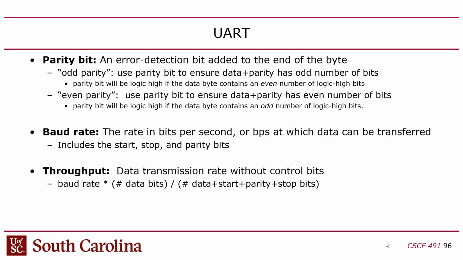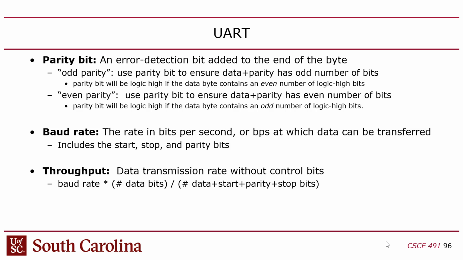And then there's the baud rate, which is the clock frequency of the channel, right? You might say there's a distinction between baud rate and throughput, because the baud rate is how much time is allocated to each slot in the channel.